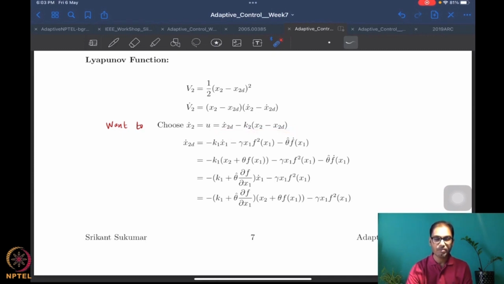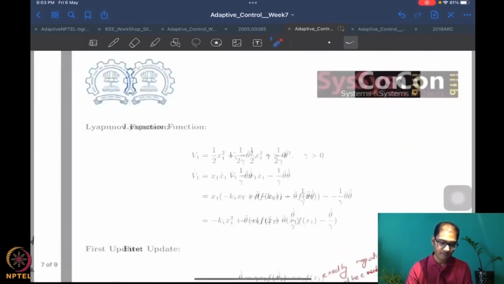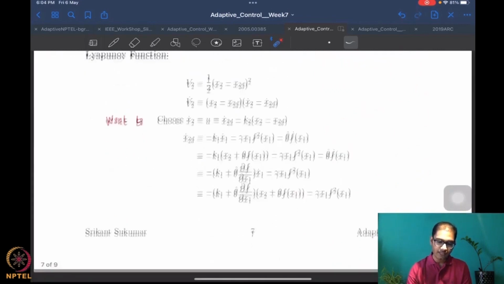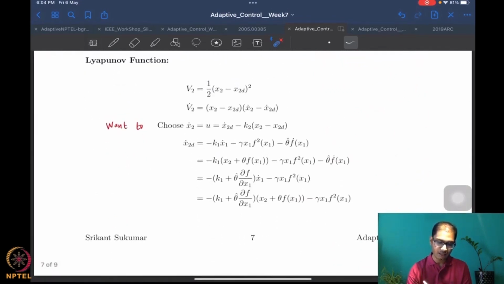Okay, but now remember that x2 desired contains the theta hat, right? Another state, no longer the theta, which is a constant, and the derivative of the constant being 0. So when I take the derivative of x2 desired, that is, I compute x2 desired dot for its implementation, what is it that I will get? I will get this minus k1 x1 dot, which is fine.